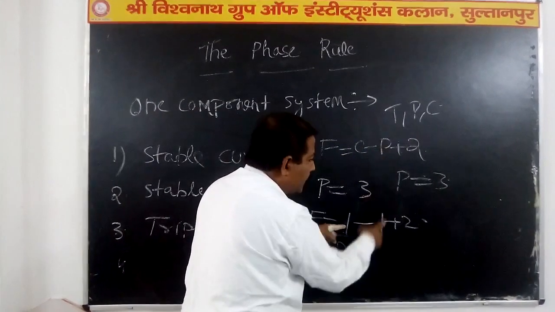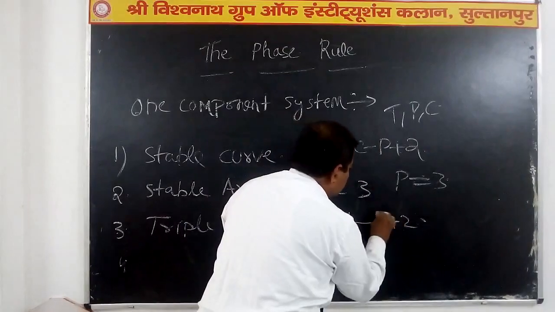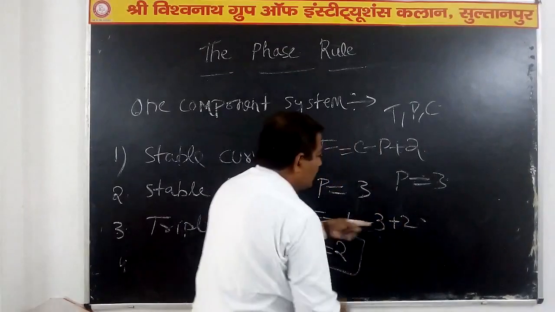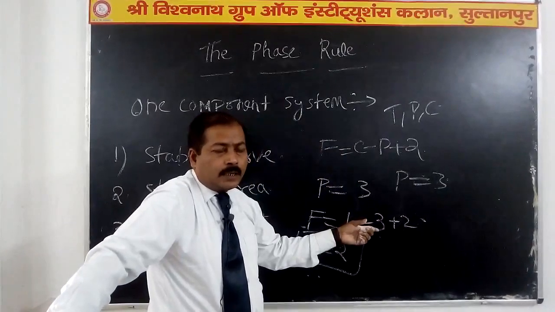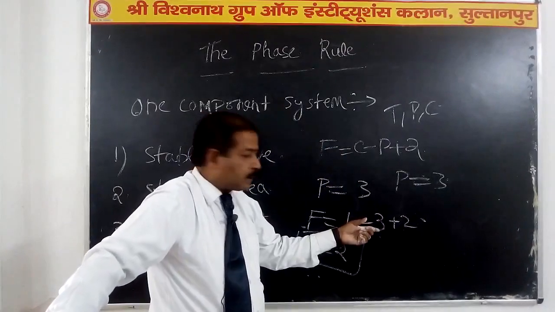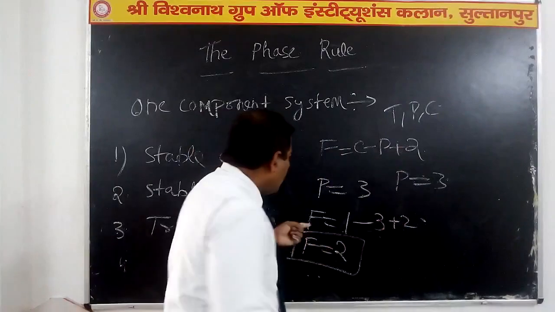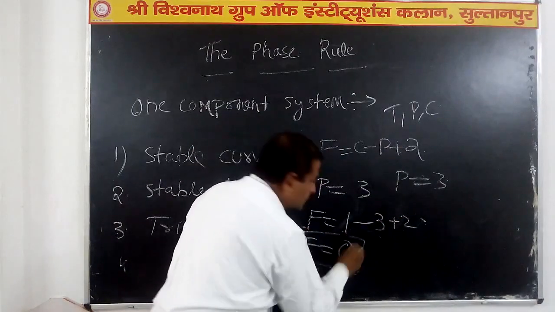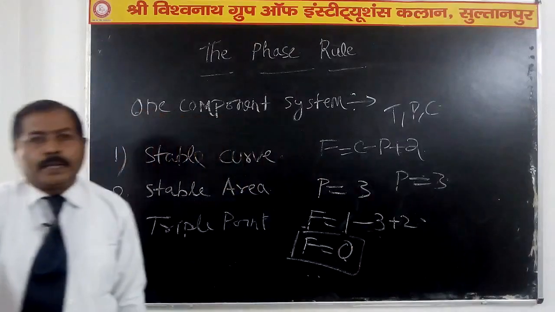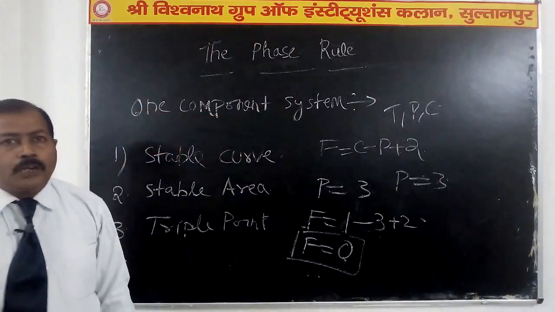The value of P is 3, because at the triple point the three phases, solid, liquid and vapor or gas, coexist. Plus 2, and after calculation F equal to 0. It means the system is non-variant or invariant.